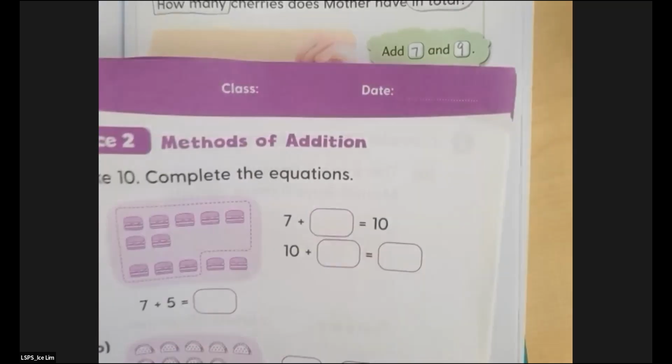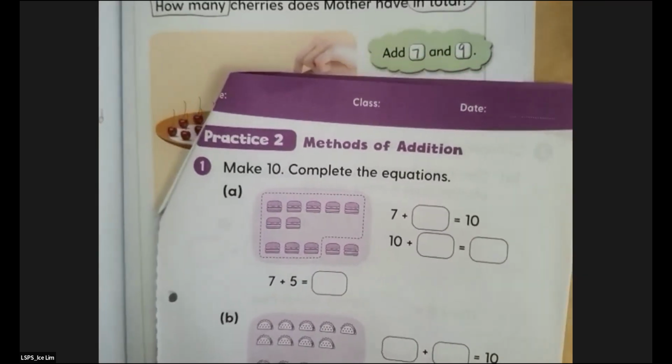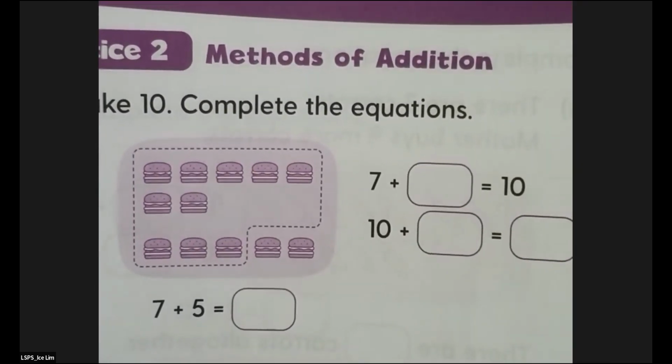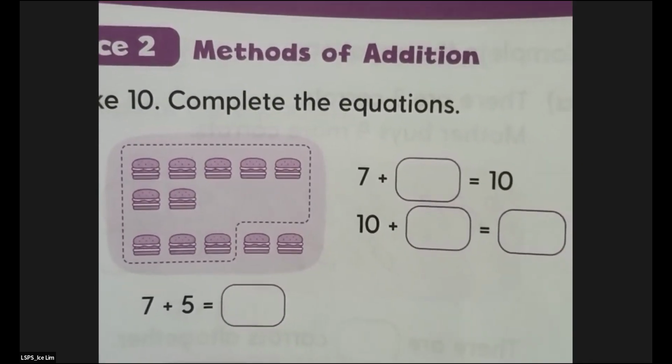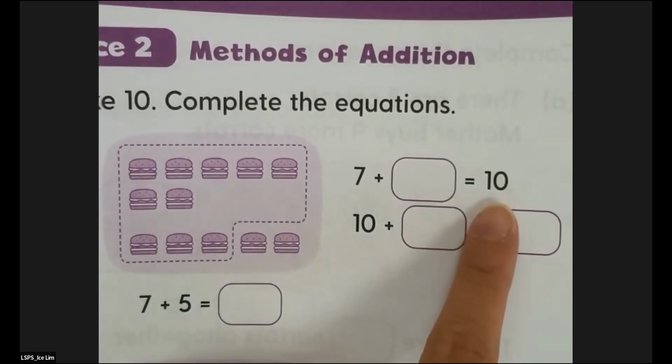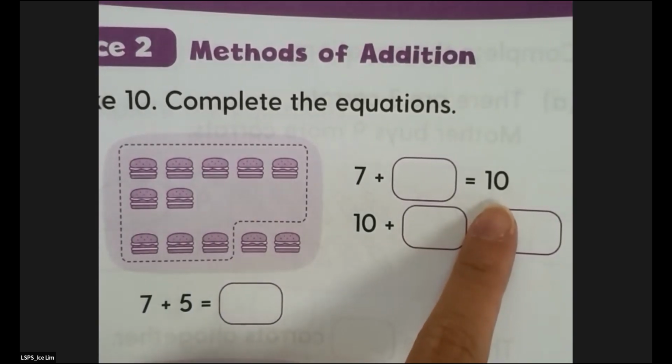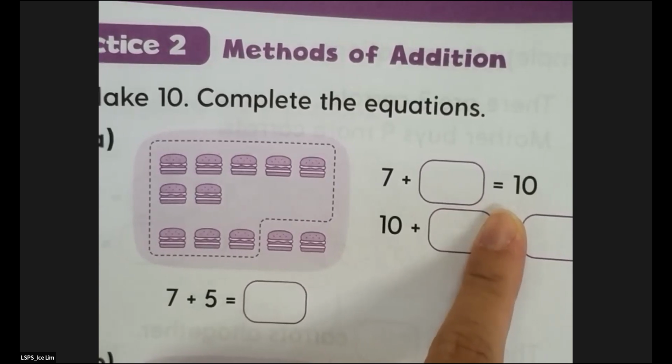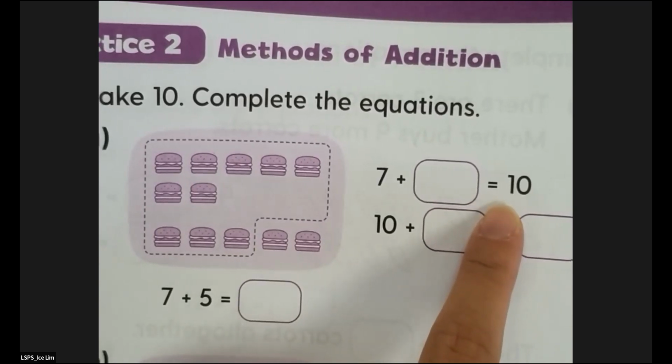Now, this is the question I want you to try now. Can you use your board and then try to answer this question here? I want you to choose the strategy, make 10 first. Okay, make 10 first to do the additions.